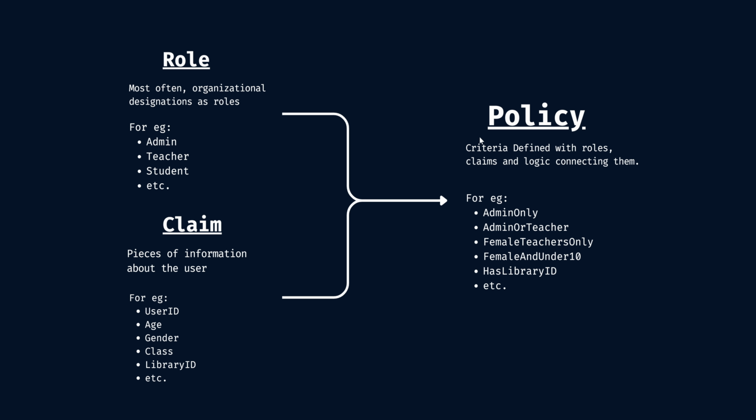You could think of them as criteria defined with role and claim, and when we want to combine roles and claims, there will be a logic in between them to connect each other. For example, admin only means only the user with the admin role can access the particular web API method. Then we have admin or teacher, female teachers only. All of these policies will be defined and corresponding web API methods will also be created in the rest of this video.